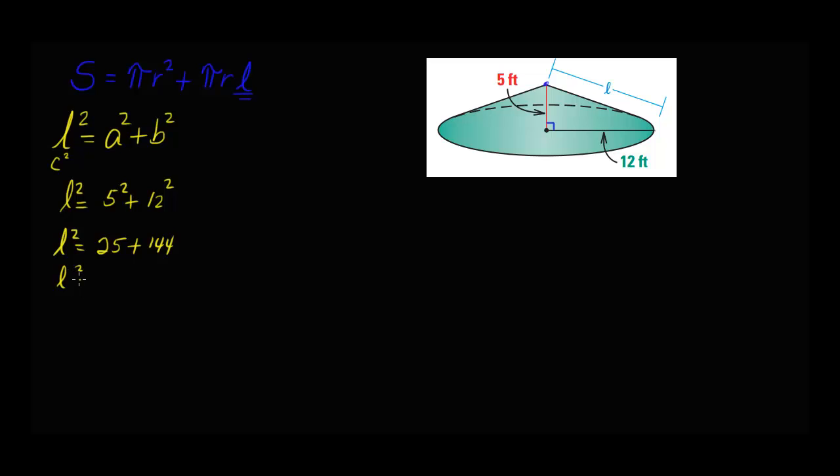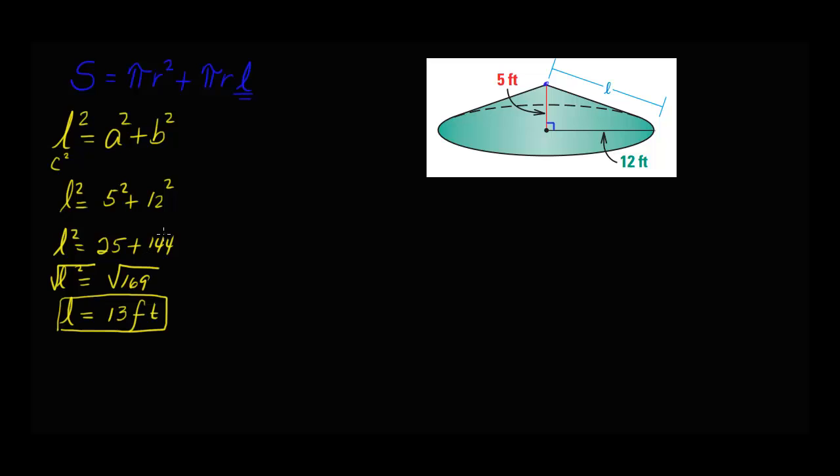L squared is equal to 169. If you add 25 and 144, you'll get 169. You take the square root of both sides, and L will equal 13. Okay, there you have it. 13 what? 13 feet. So I found the slant height.